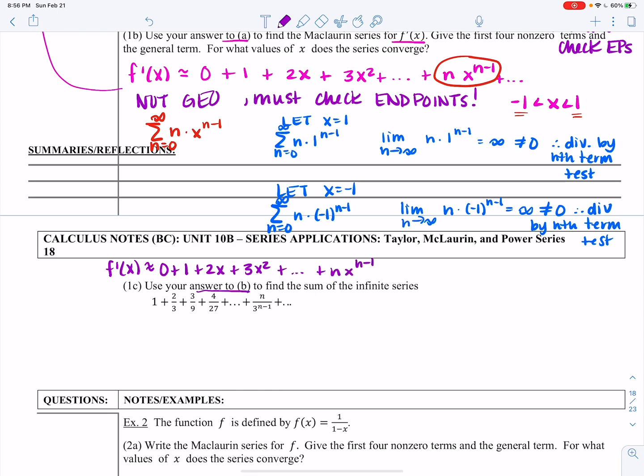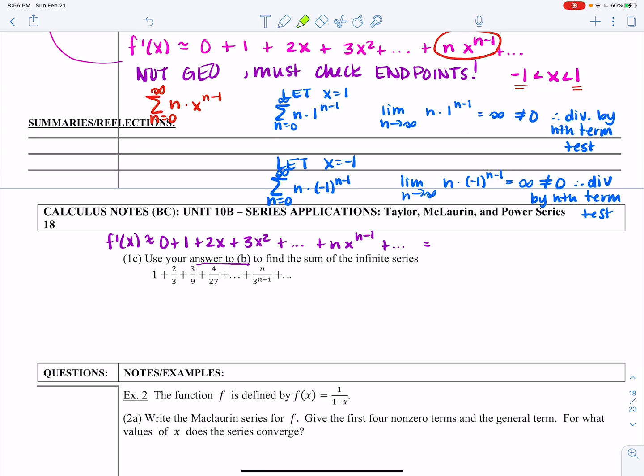nx to the n minus 1 plus ... Okay? They want you to use your answer. And remember, this is equivalent to the derivative of the original function. So let's make some connections. Here I see 1.